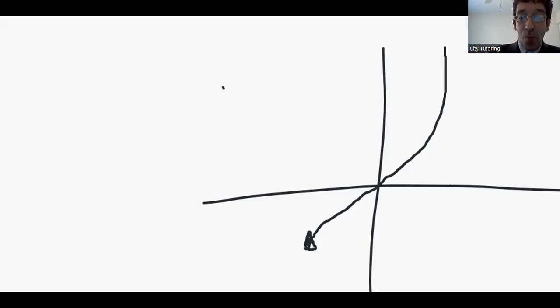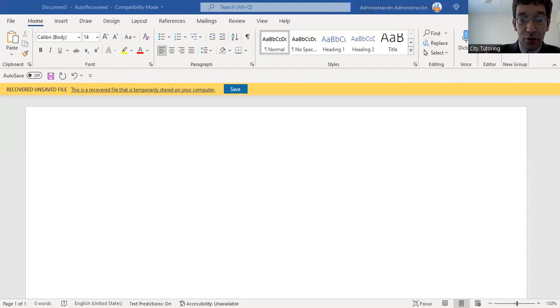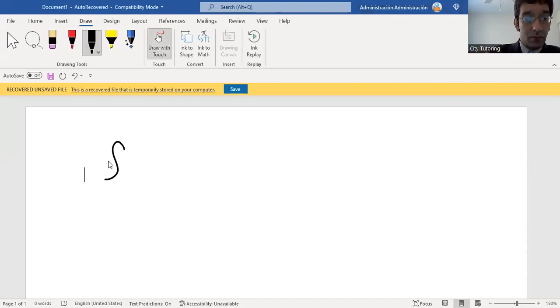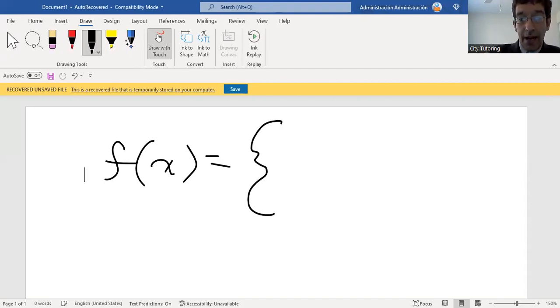Likewise, let's do another one. Okay, so I'm just going to use a different document now. So f of x, and let's make the constraints x plus 5.